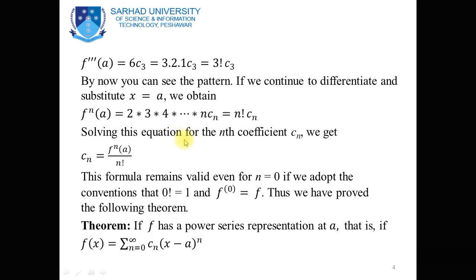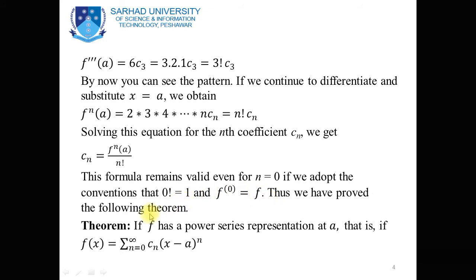Solving this equation for the nth coefficient cn, we obtain cn is equal to f power n at a divided by n factorial. This formula remains valid even for n is equal to 0 if we adopt the convention that 0 factorial is equal to 1 and f power 0 is equal to f. F of 0, actually this means the 0 order derivative, and the 0 order derivative is equal to f.